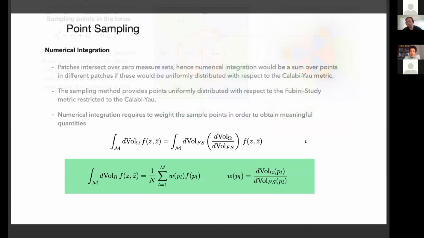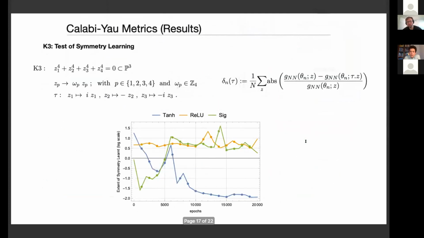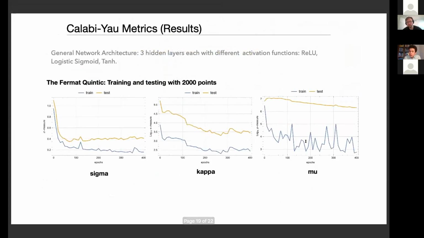Well, I mean, we don't know the Kaehler class, that's true. But I don't think that this is crucial for sampling, because the points are chosen in such a way that the weight takes basically Fubini-Study and Ricci flat only, no? But the weights are computed with respect to the pullback of Fubini-Study in a given Kaehler class.